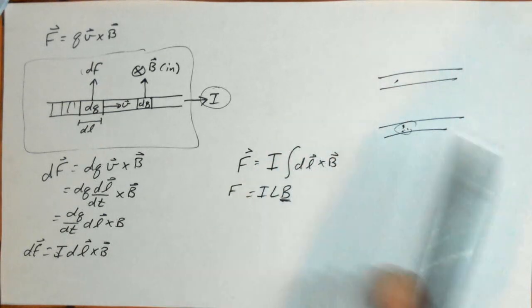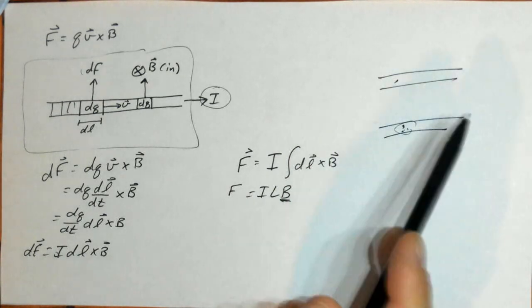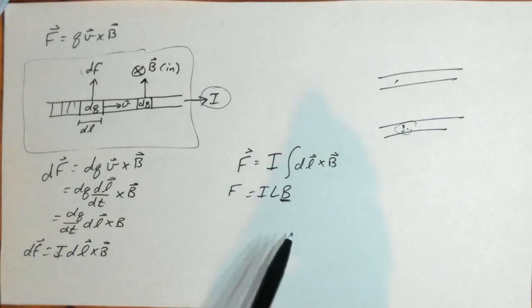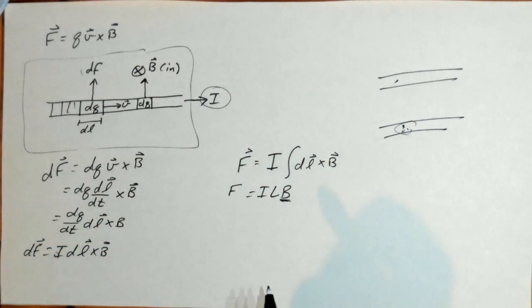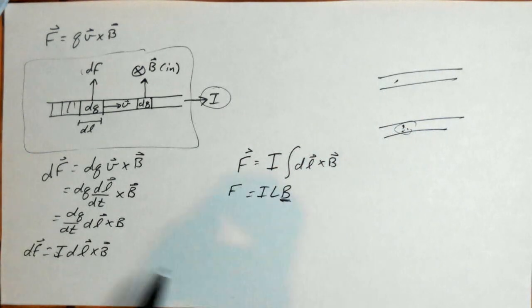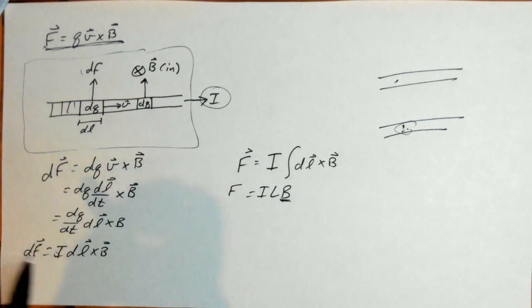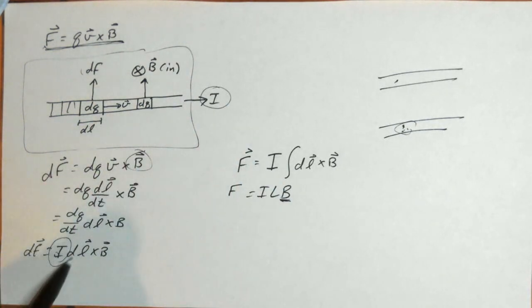We could reverse that and we'd find that it obeys Newton's third law as it ought to. I1 and I2 will be a product. So this is a really cool example, but I'll leave that derivation for the text. The point is we're just looking at moving charges, and the B field is from something else acting on it, but when it's in a wire, we can now just focus on the current through the wire.